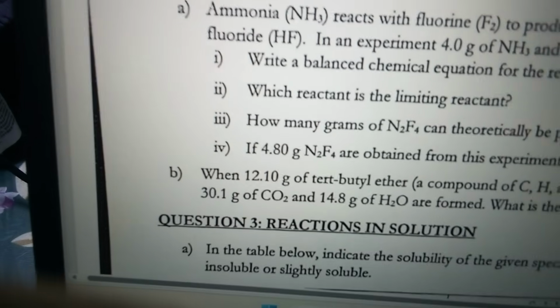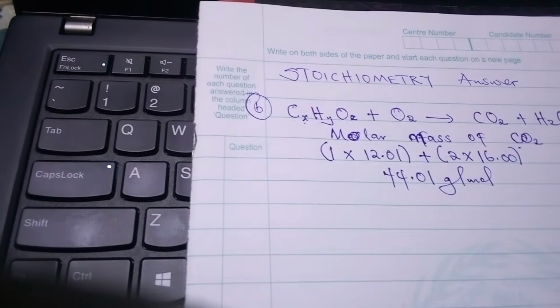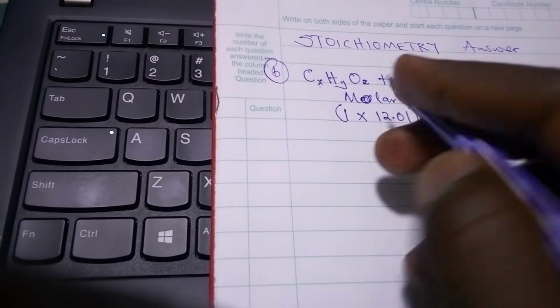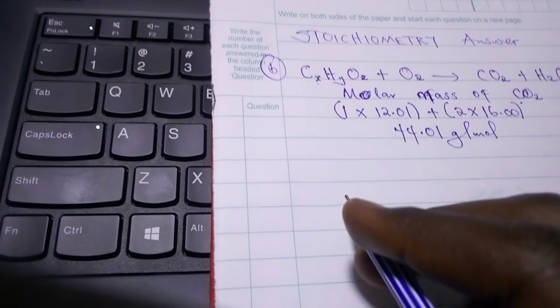Now in the question we have been given the mass of carbon dioxide, which is 30.1 grams. That same mass is going to help you determine the mass of carbon.